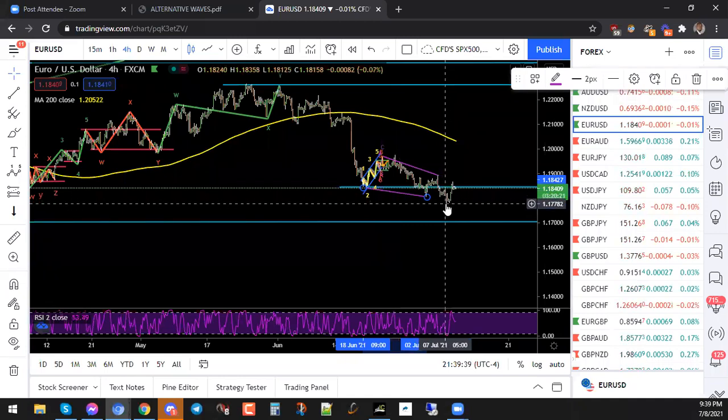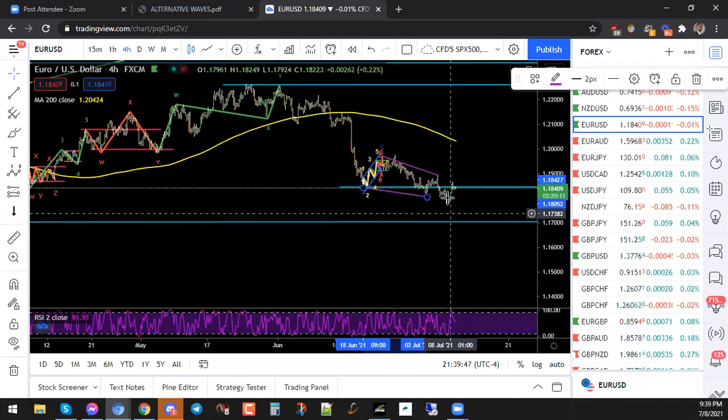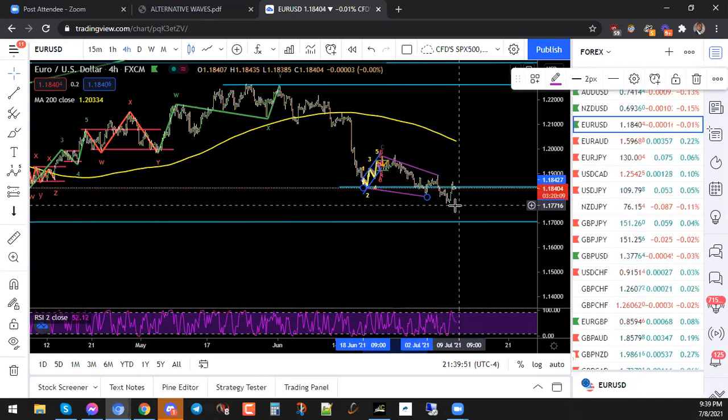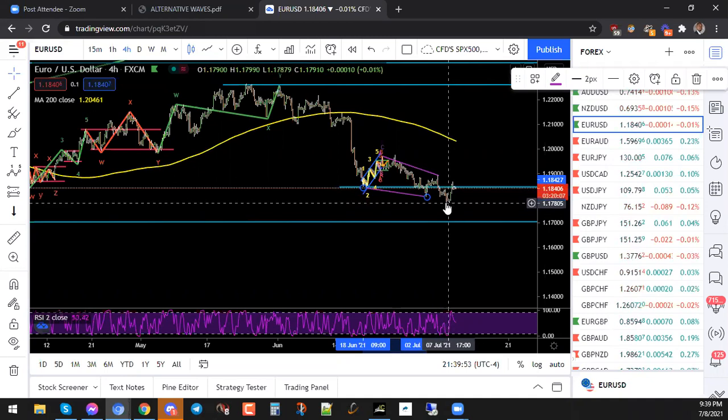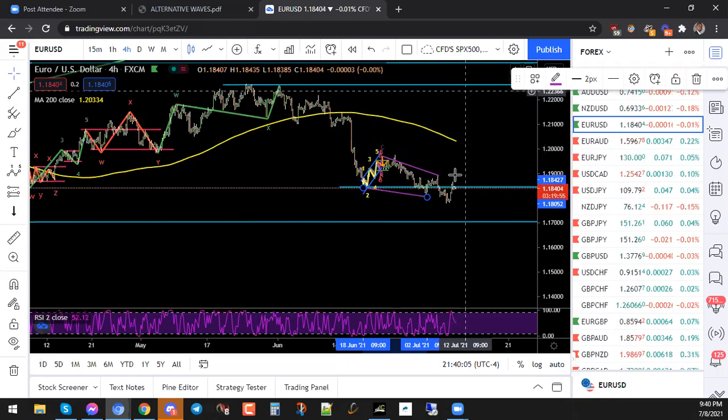So if this is 5 down here, because it's impulsive corrective, these 5 waves could be constructed in a very strange way. In some cases, you could even have your wave 5 being 3 waves in a corrective impulsive wave, right? And if that is the case here, this move to the upside, this push up, could extend back to this high, okay?